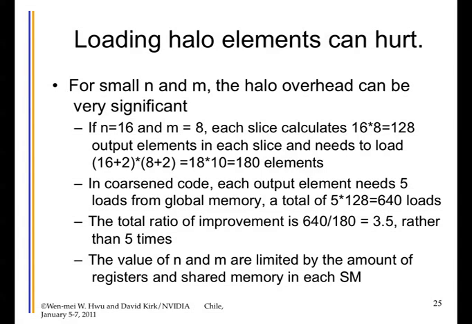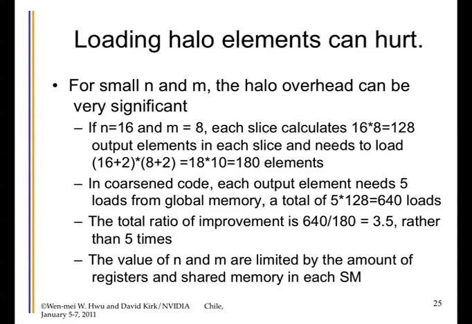Let's take that previous example. If we have n equal to 16 and m equal to 8, then each slice will calculate 128 of these output elements. But then we need to load 180 because of those halo cells. We need to add the 52 additional ones from the surrounding cells. So instead of 128, you end up loading 180, while the original code without loading into the shared memory would be loading 640.